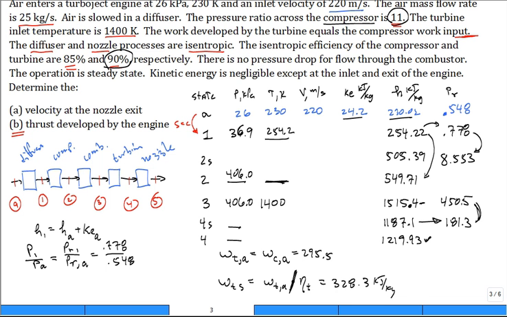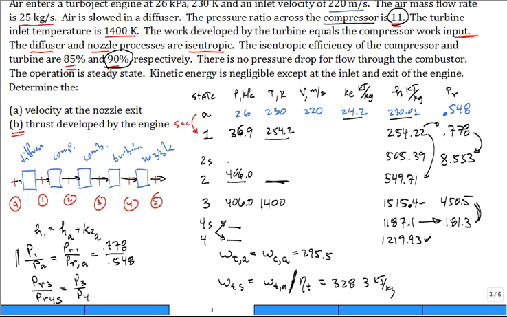That gives us the ratio of PRs, which is equal to the ratio of the actual Ps. Just like here, we're going to do it again for the turbine. So we get PR3 divided by PR4S is equal to P3 divided by P4. This is an assumption that they're the same pressure.